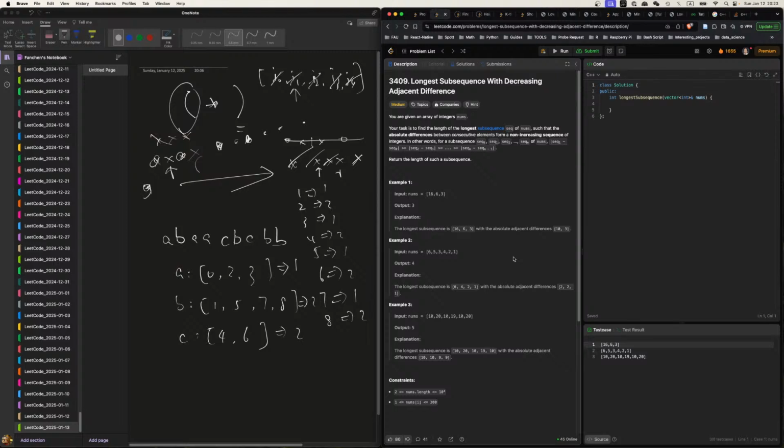So you're given an array of integers. Your task is to find the length of the longest subsequence such that the absolute differences between consecutive elements form a non-increasing sequence of integers. In other words, the absolute differences must be non-increasing.